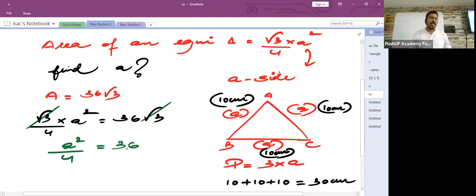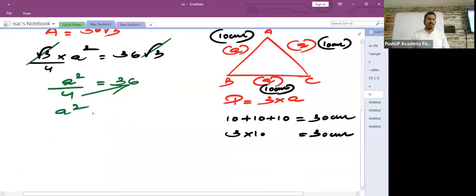And what is left on the right hand side? 36. So children, A square. Now can't I cross multiply 4 to the right hand side? I can cross multiply. So 4 into 36. A square is equal to, how much is 4 into 36? 144.